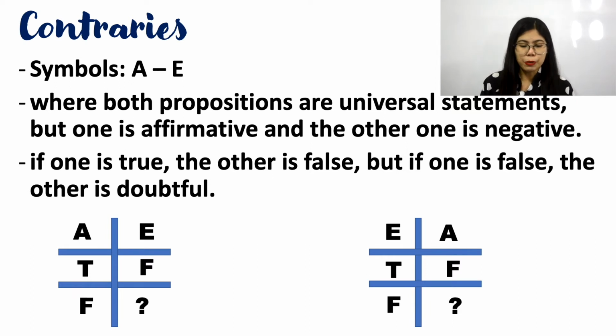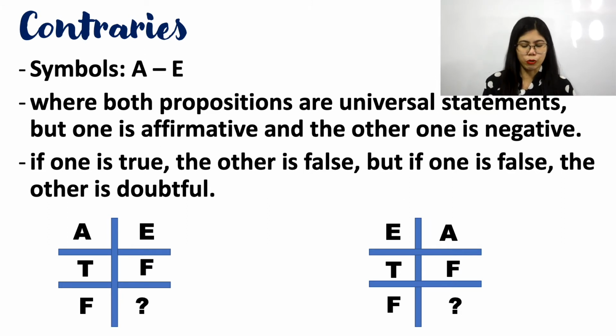But if the affirmative universal proposition A symbol is false, then the negative universal or E symbol is doubtful. On the other table, if the negative universal E symbol is true, the affirmative universal is false. And if the negative universal E symbol is false, the affirmative universal is doubtful.